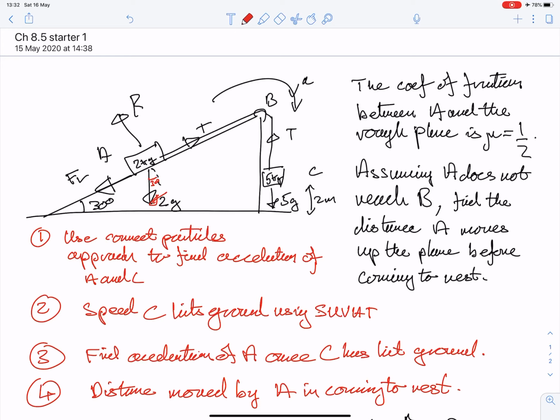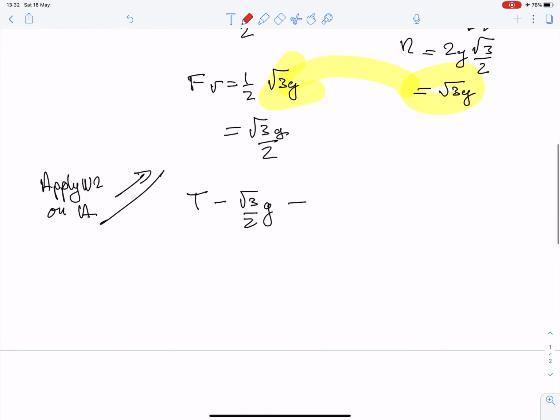Okay, now let's think about our connected particles. We're going to apply N2 parallel to the plane and up the plane on A. And we get T minus the friction, which is root 3 over 2 g, minus the component of the weight. Now, I've done this lots now. It's opposite the angle, so that was 30 degrees.